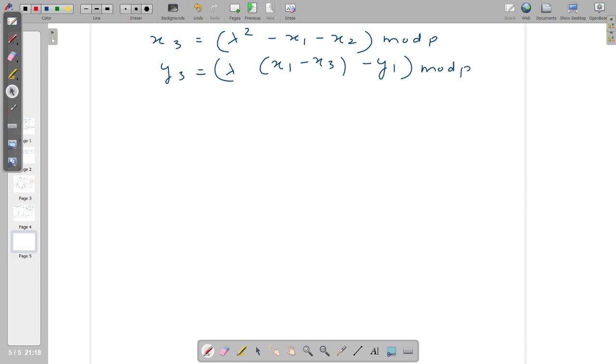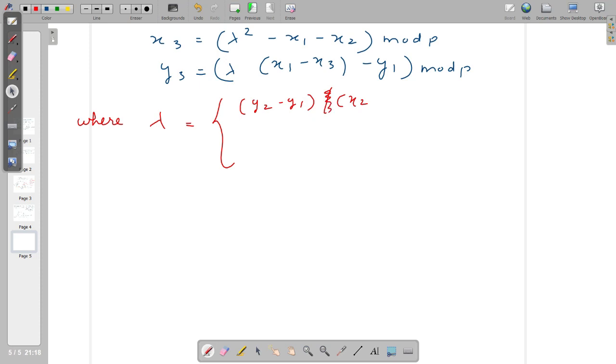Now here lambda we can define in two cases, when it is a tangent and when it is not a tangent. So it means when P is equal to Q, and when P is not equal to Q. In the first case lambda will be (y2 minus y1) upon (x2 minus x1).